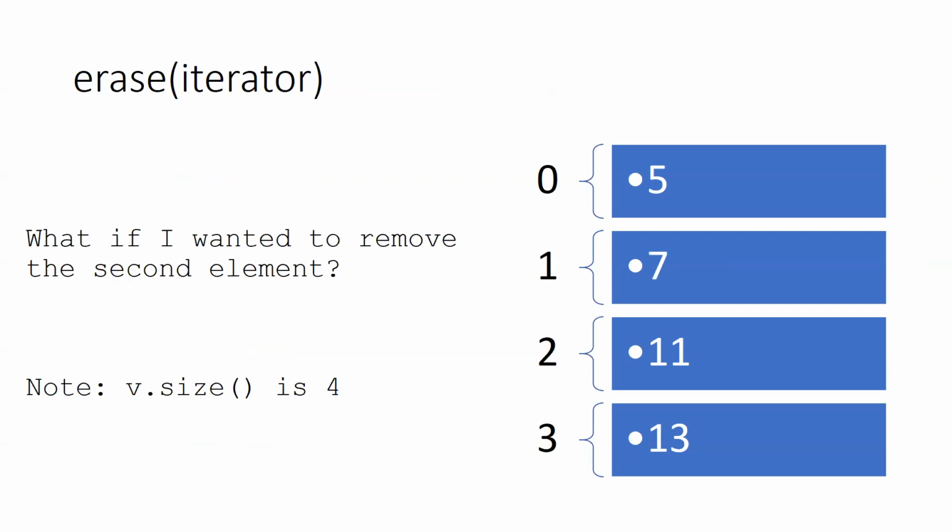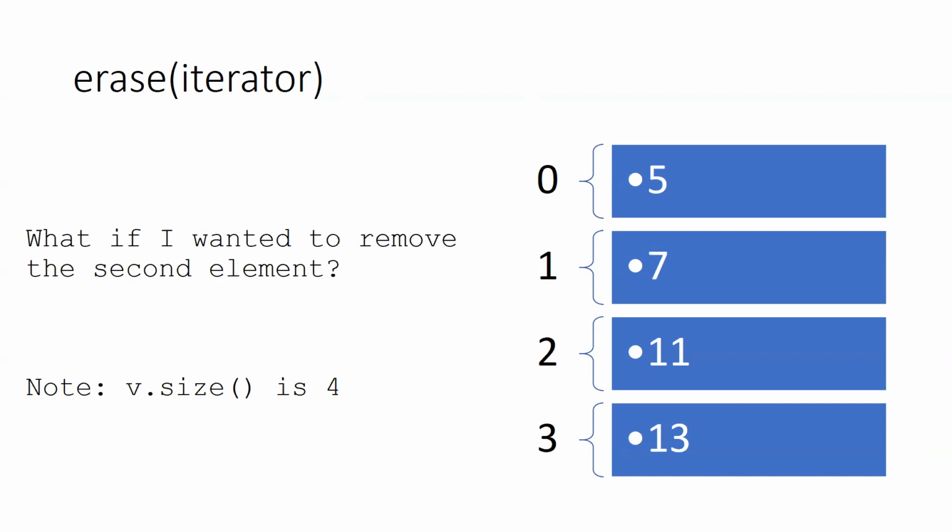Okay, so what if I wanted to remove the second element, right? So there is a function for that. It's called erase, and that function erase takes an iterator. So in this case, v.size is 4. So if I wanted to remove the second element, I would have to call erase and give it an iterator to which one I want.